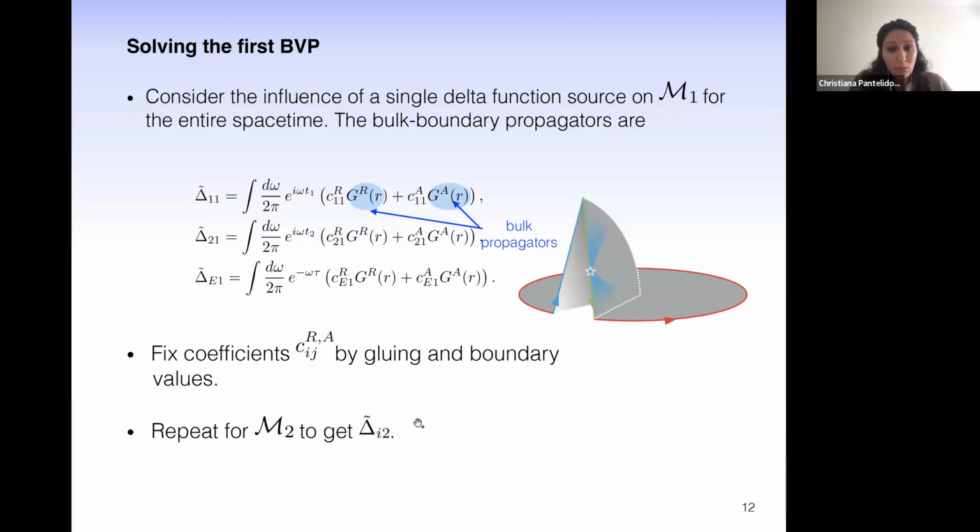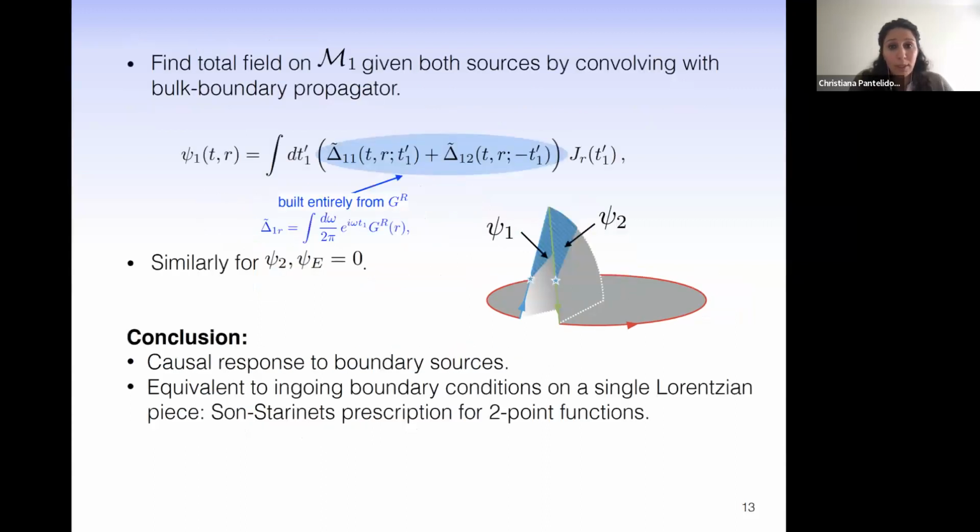With all those bulk to boundary propagators at hand, we simply convolve with the sources to get the fields. For example, if we want to compute psi 1, the field on segment 1, we have delta 1 1 J1 plus delta 1 2 J2.